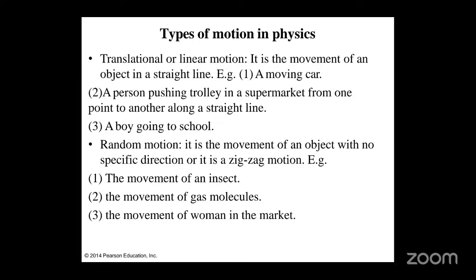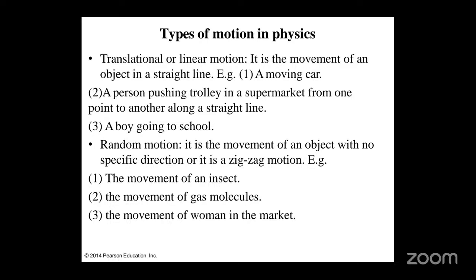And then when people go to market, you notice that their movement cannot be defined because they buy one item from one shop and then move to another point, buy another item, move to another point, buy another item. They keep moving up and down within the market from one point to another, sourcing for whatever items they want to buy.